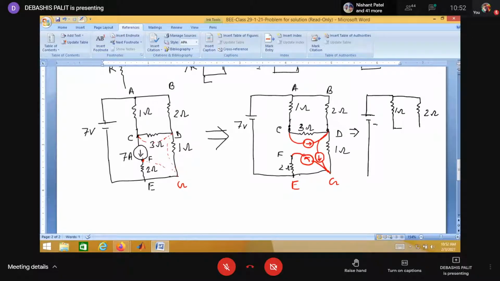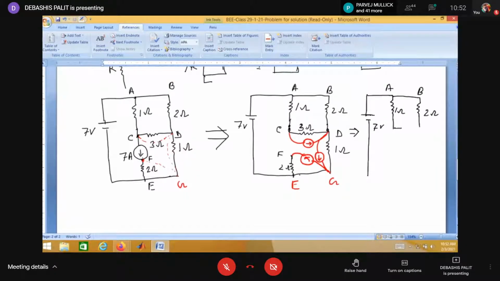This is 7 volt. This is A point. This is B point. And for the current source, I can get a parallel resistance: a 3 ohm resistance, and this current source magnitude should be the same, 7 ampere.